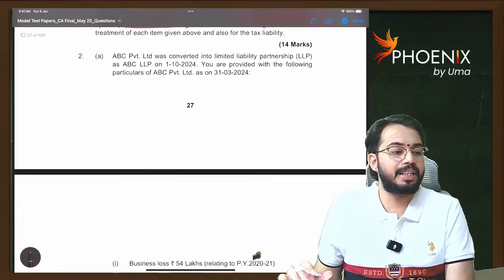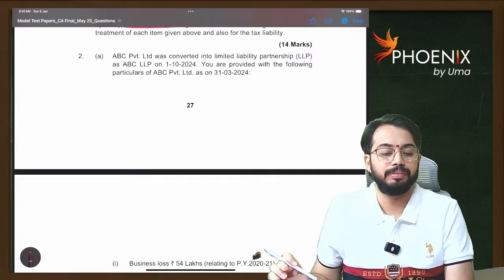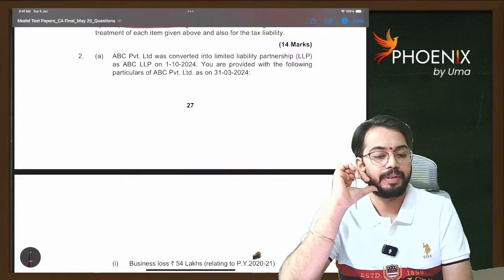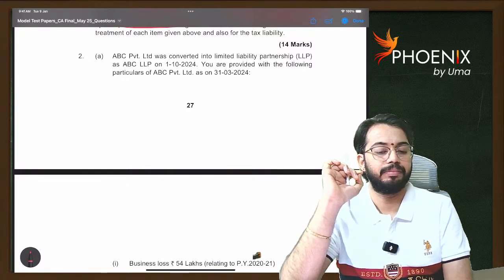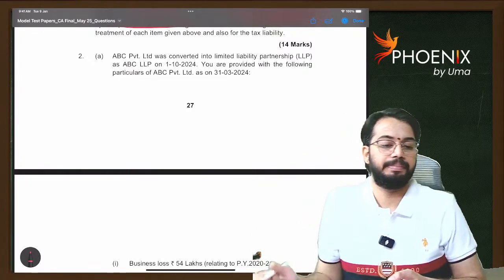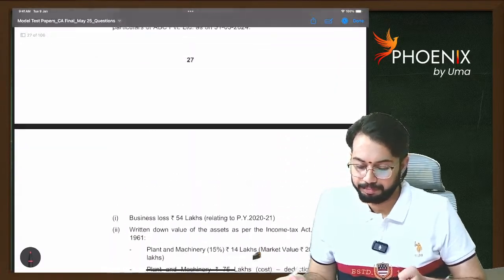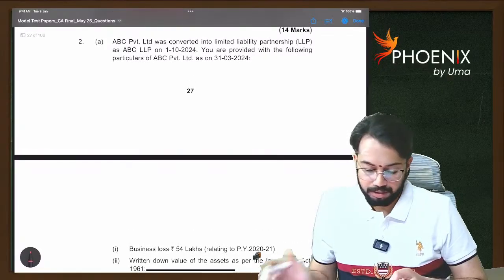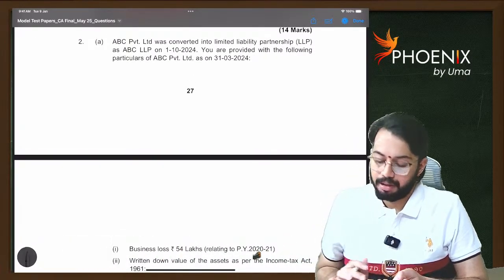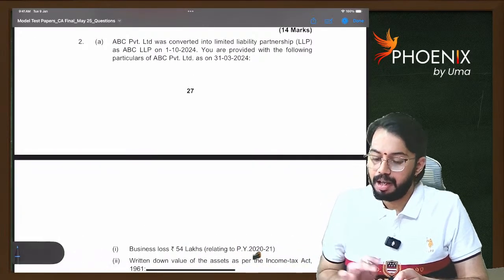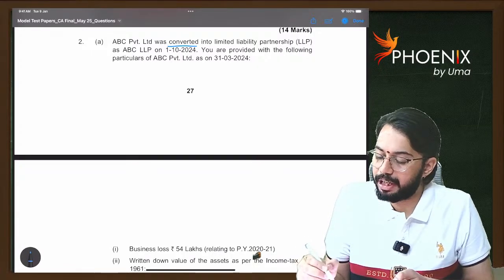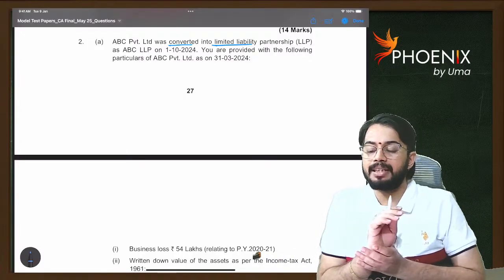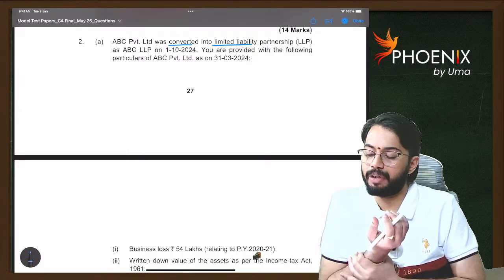Next, shall we discuss question number 2? ABC Private Limited was converted into LLP as ABC LLP on 1st October 2024.